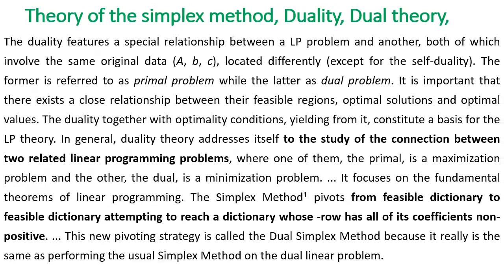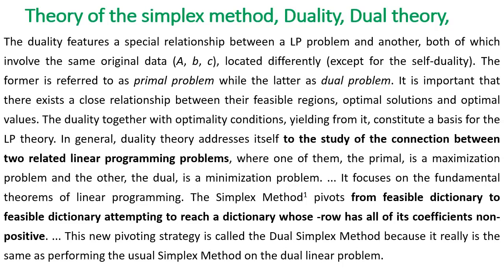So coming back to our simplex method, duality and dual theory, I want to share the method at the beginning of how we can find optimal solutions to a linear programming problem with the help of the simplex method.